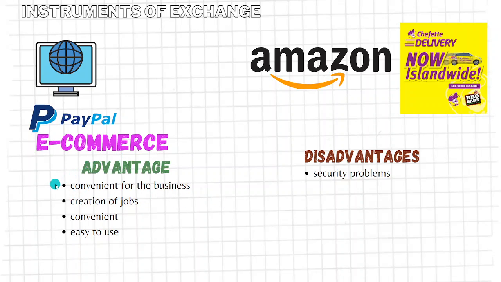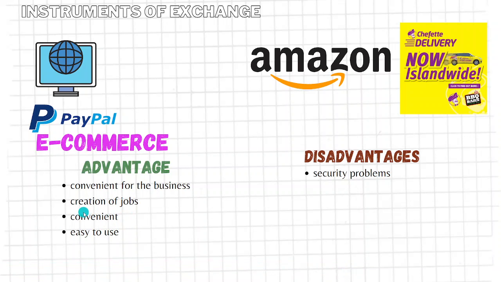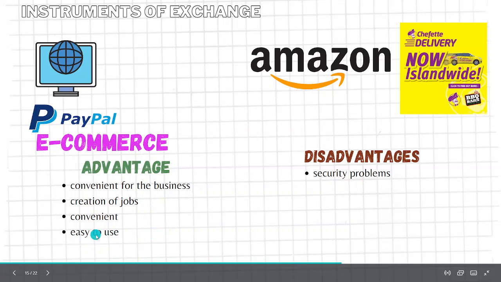It also creates jobs because you're going to need a delivery person. And for the most part it's convenient for the customer because they don't have to leave home to buy things, and it is also easy to use.